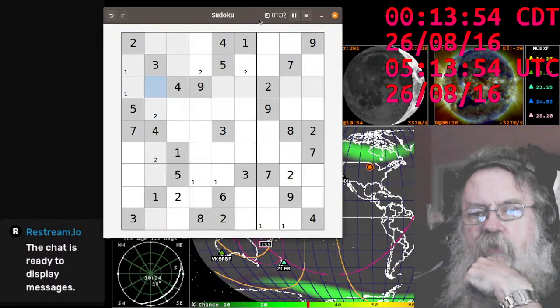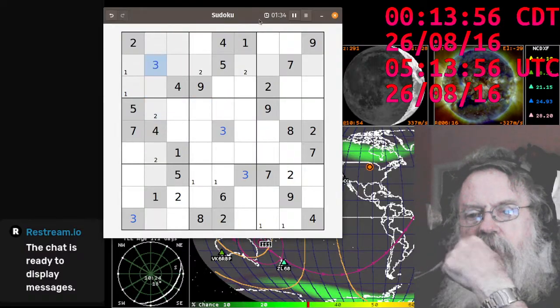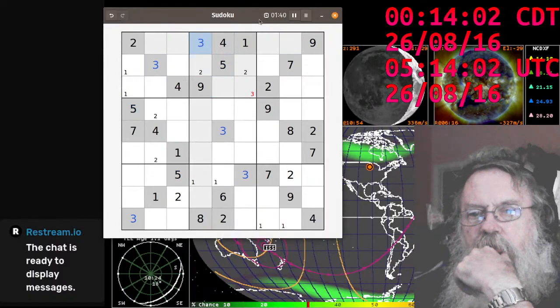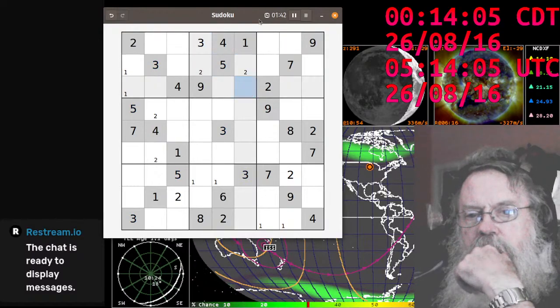All right, on to 3s. 3 here, given. Two possibilities for 3 here. No, 3 here. This is not a possibility because of this down here. One of these two is a 3.